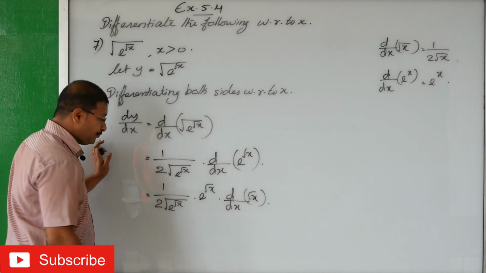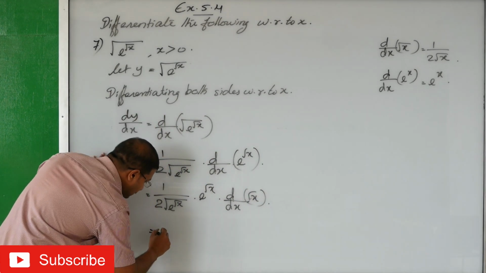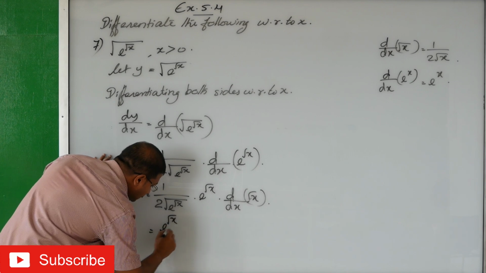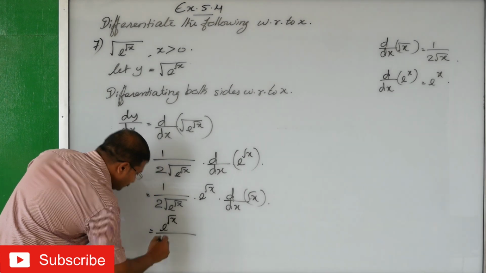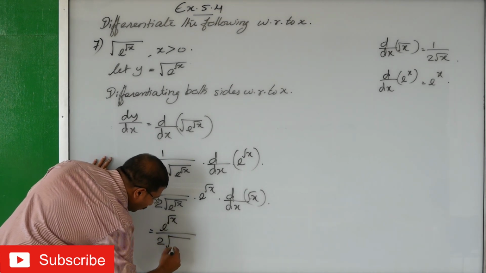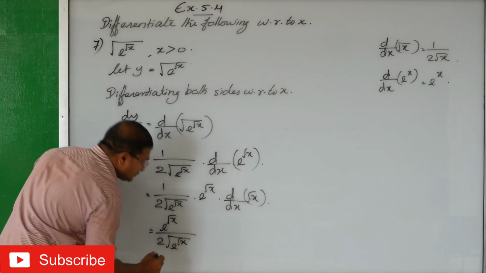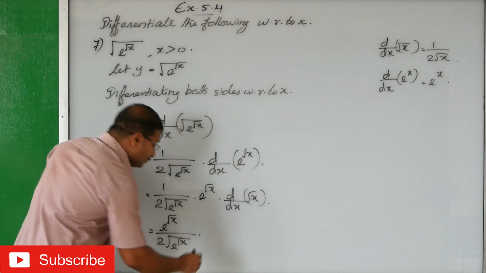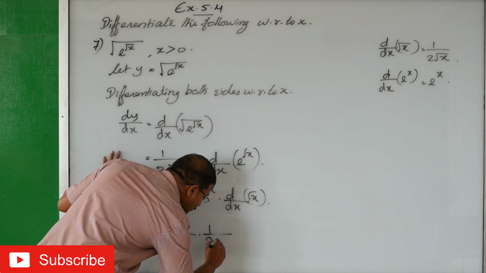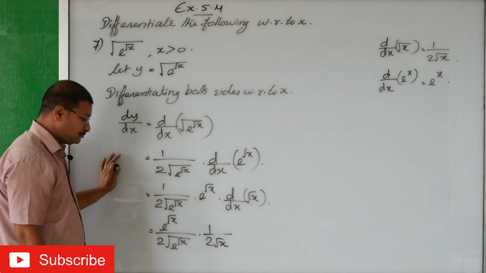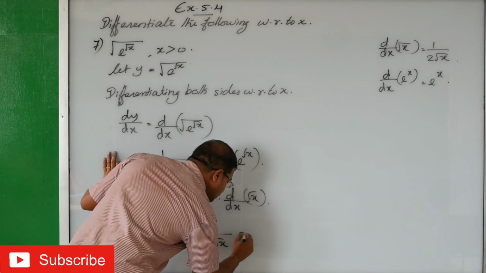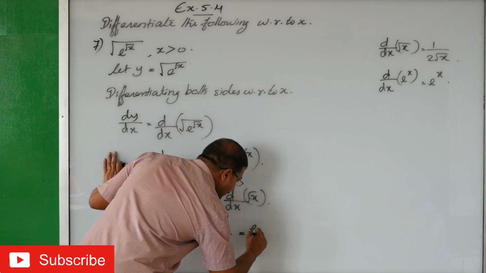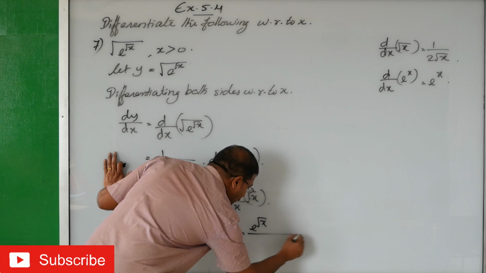Ready? This equals e raised to root x, e raised to root x divided by 2 root of e raised to root x into derivative of root x, what you will write, 1 by 2 root x. Ready? This equals e raised to root x is already there in the numerator.